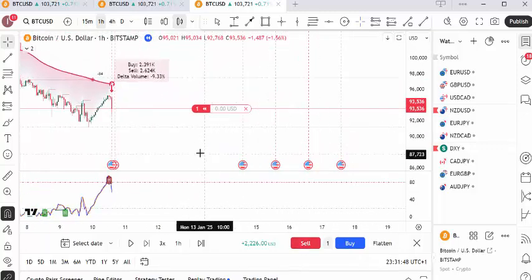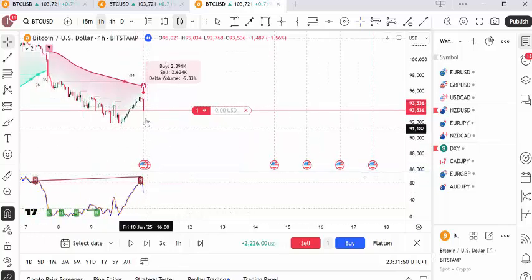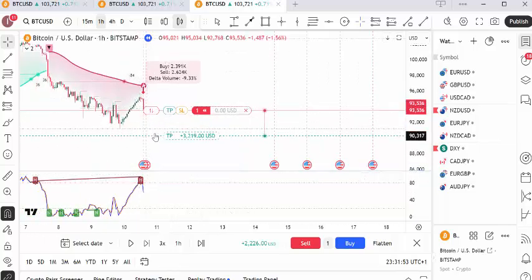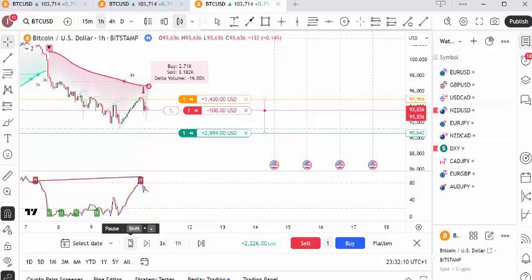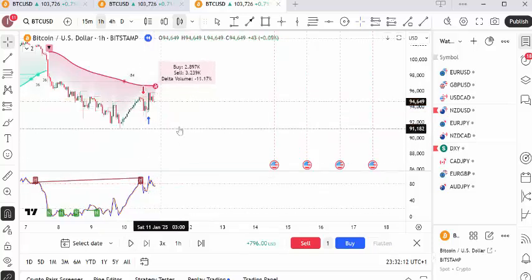So TP here, we have a TP of 2,800. So our stop loss should be around 1,400. Good. So stop loss hit. Fine.